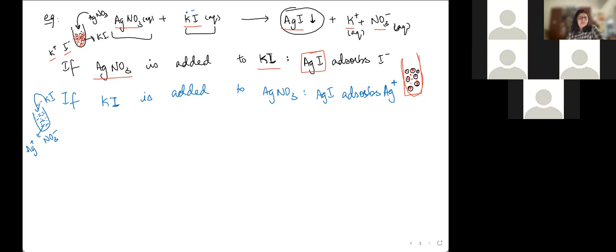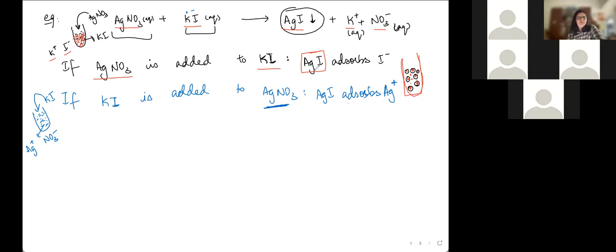Correct. Now I got it. It's a silver ion solution, so you'll have a bunch of silver ions floating around, and the silver iodide precipitate will adsorb Ag plus. So basically, depending on which solution you take, that particular ion will be in excess, so it's going to adsorb that.